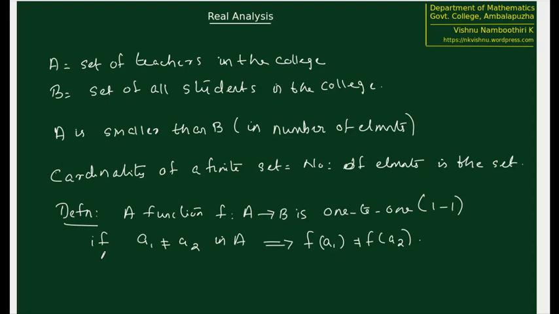So we say that a function is one-to-one if a1 and a2 distinct implies that their images are also distinct.